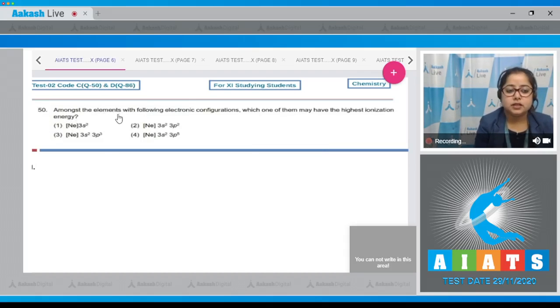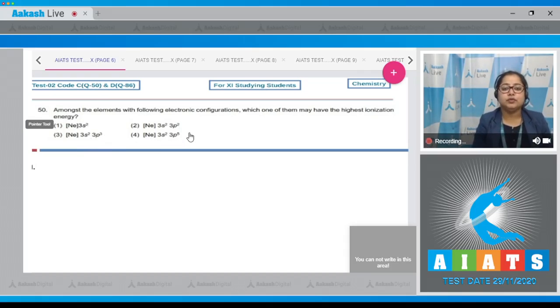Amongst the elements with following electronic configuration, which one of them may have the highest ionization energy? So students, let's read the options. Number 1, we are given [Ne]3s2, then we have [Ne]3s2 3p2, then 3s2 3p3, and then [Ne]3s2 3p5. So it is very clear that all the given elements belong to the third period.